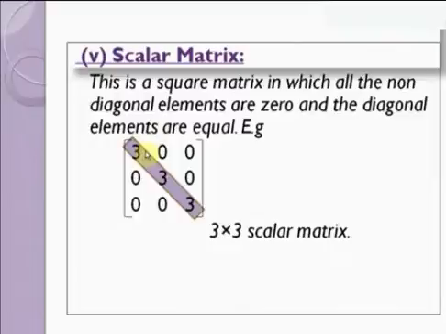Here what we see is all the diagonal elements are equal, that is, all are equal to 3, and all the non-diagonal elements are 0. So it is actually a diagonal matrix in which all the diagonal elements are equal. So the important points to note are, it has to be a square matrix first of all, second, the diagonal elements are equal, and third, the non-diagonal elements have to be equal to 0.